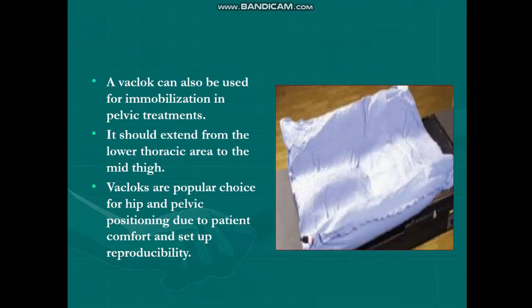A BackLock can also be used for immobilization in pelvic treatment, so it should extend from the lower thoracic area to the mid-thigh. BackLocks are a popular choice for hip and pelvic positioning due to patient comfort and setup reproducibility.